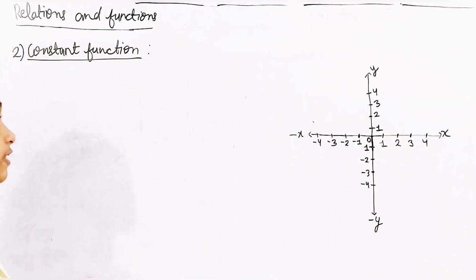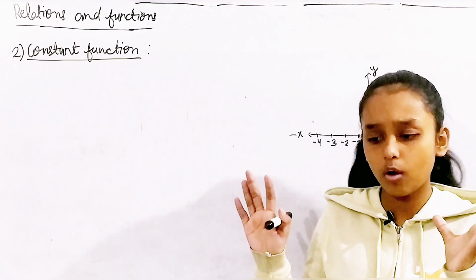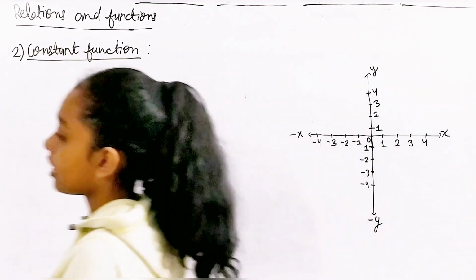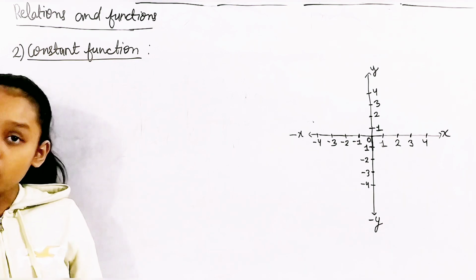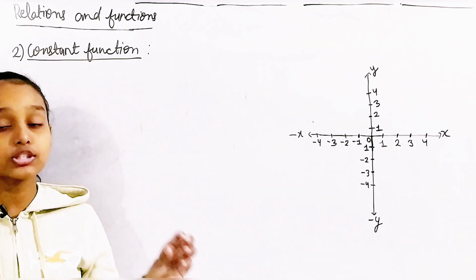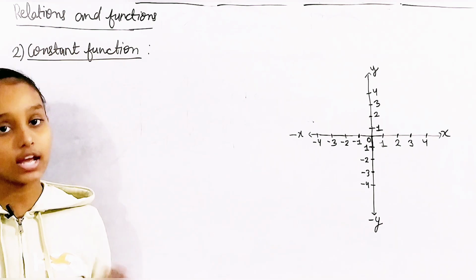So what is a constant function? It's related to something which is going to be constant. It is a function that has the same output value no matter what the input value is.